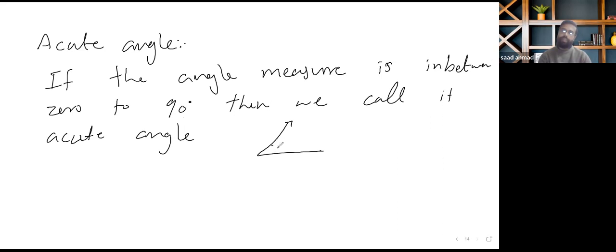Let's say something like this, say it's 76 degrees. So it's an acute angle. Acute angles are less than 90.